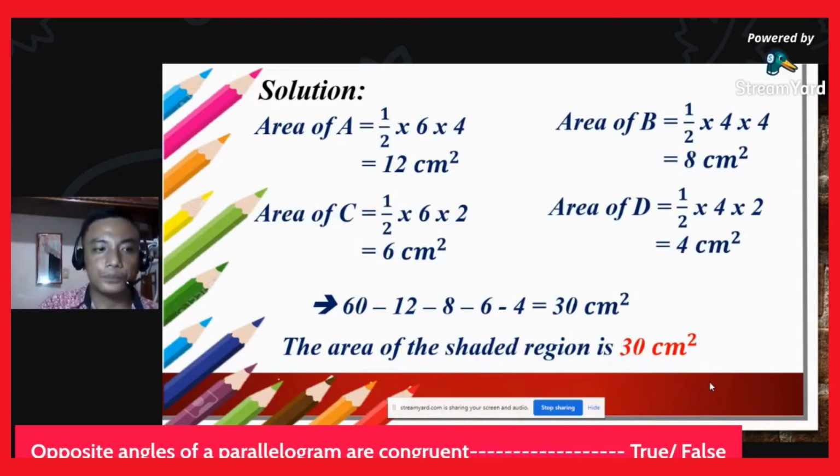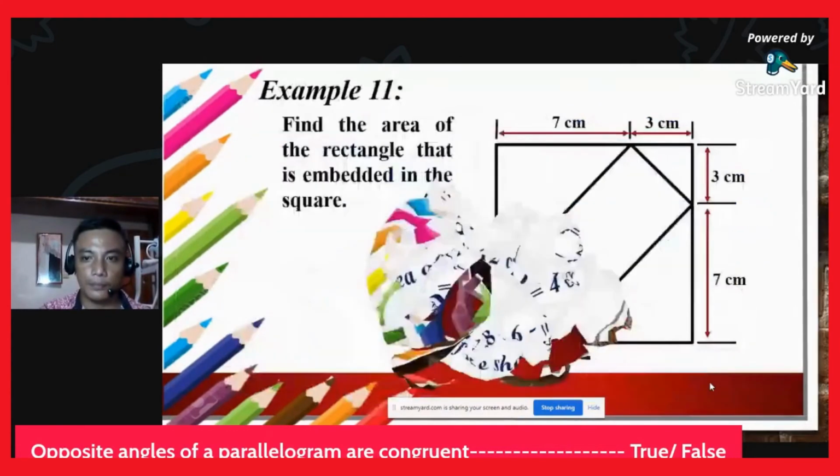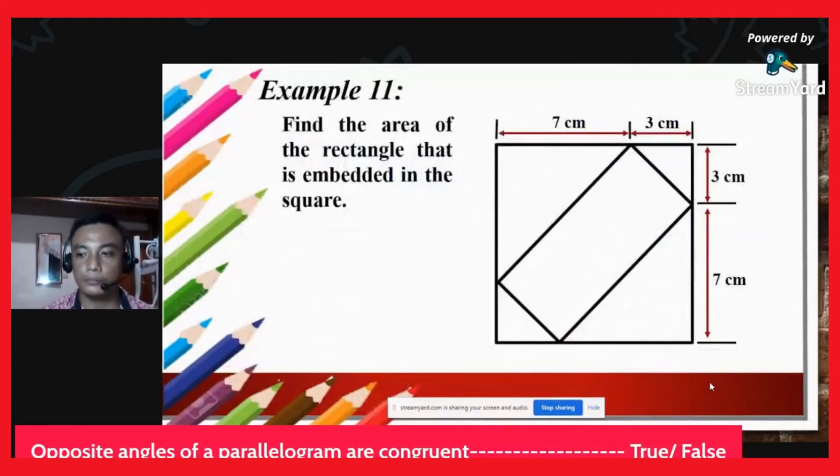Next, we have now example number 11. For example number 11, we're going to find the area of the rectangle that is embedded in the square.